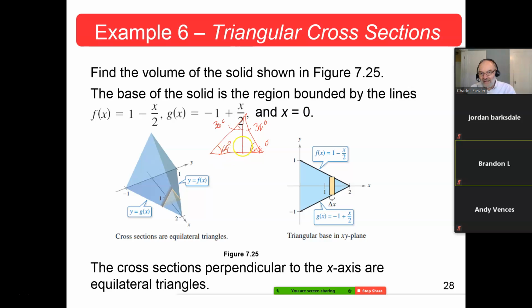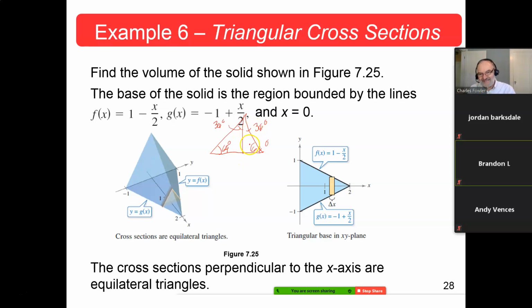If you know the base, the height here is going to be half the base times the square root of 3.